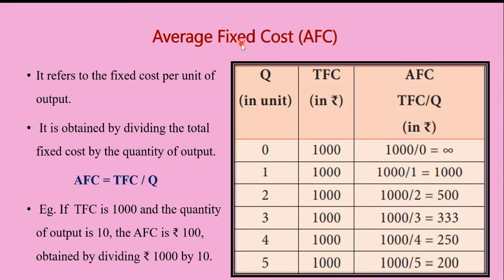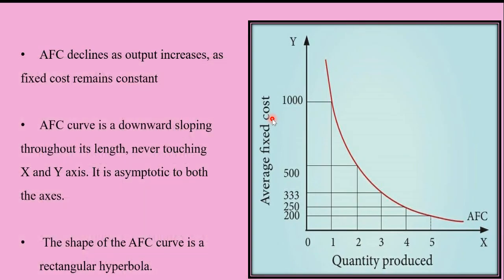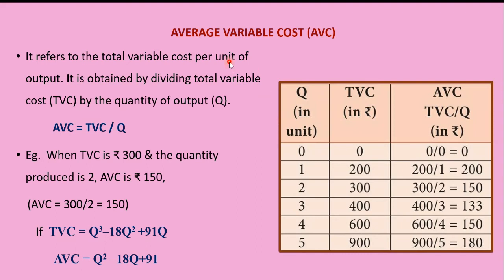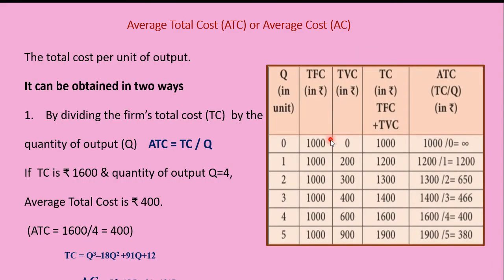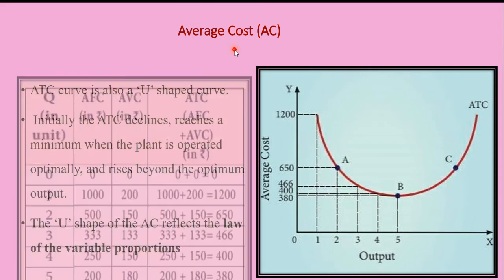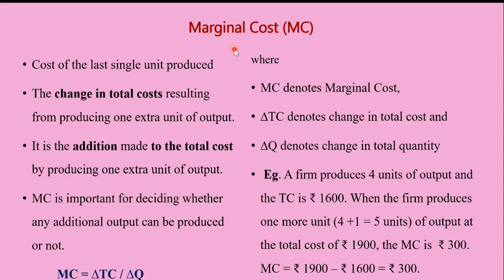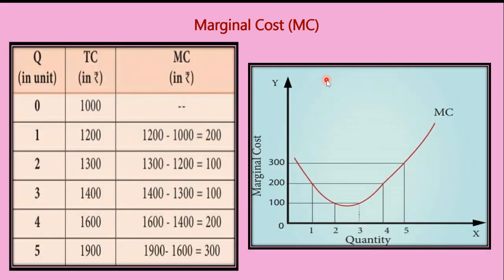The average cost curve, explanation, the table and the graph. Then the average variable cost, the explanation, the table and the graph. Then you have to give the marginal cost curve. You have to give the explanation, the table and the graph.